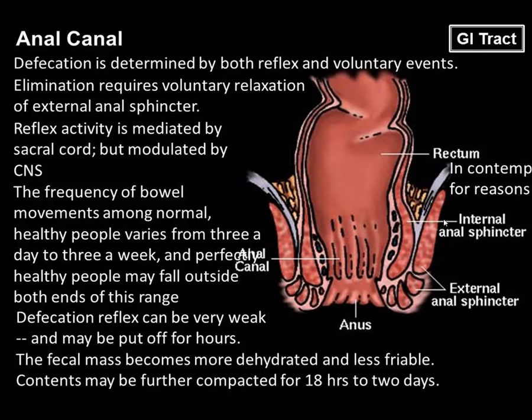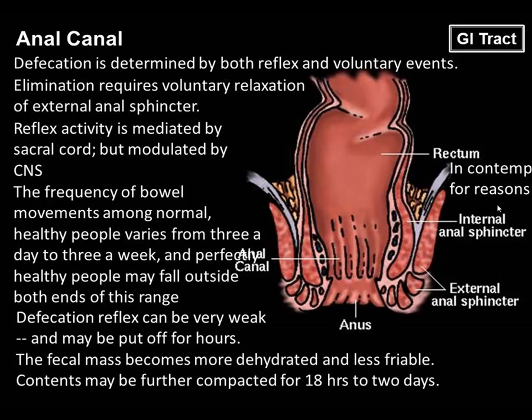Defecation is, as I said, determined then by both a reflex, that's the stretching, and by also voluntary events. And why is it voluntary? Because we can inhibit the reflex, and we can also induce contraction of these skeletal muscles that you can see here, the external anal sphincters, and that doesn't allow the content of the rectum to get out.